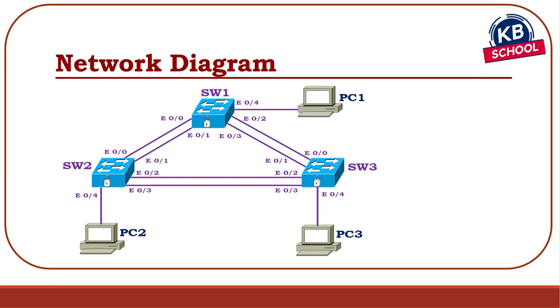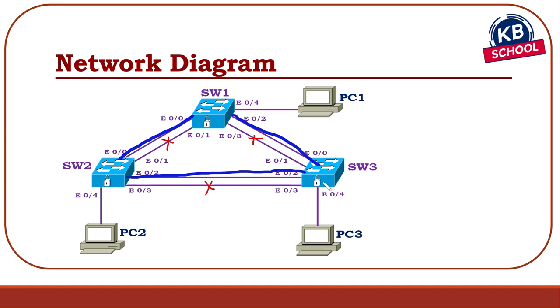So right now, based on my lecture so far, we have blocked one of those ports out of each one of those dual links between the three switches. So right now, the way it looks is this. My forwarding ports are these. Good so far. So single link between switch 1, switch 2, switch 3.